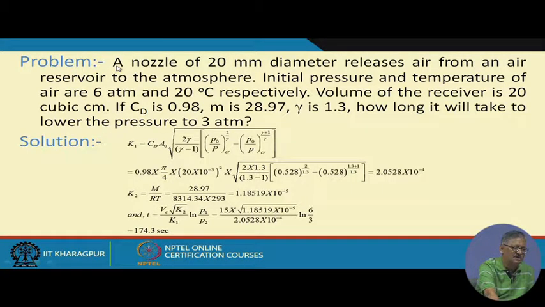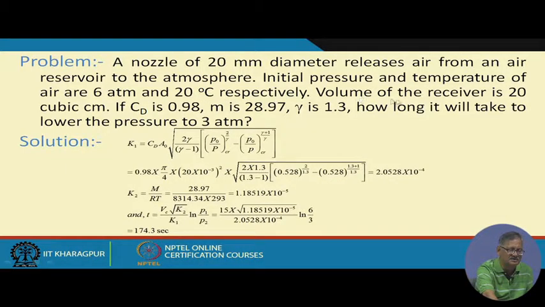So, I repeat for your benefit: a nozzle of 20 millimeter diameter releases air from an air reservoir to the atmosphere. Initial pressure and temperature of air are 6 atmosphere and 20 degree centigrade respectively.